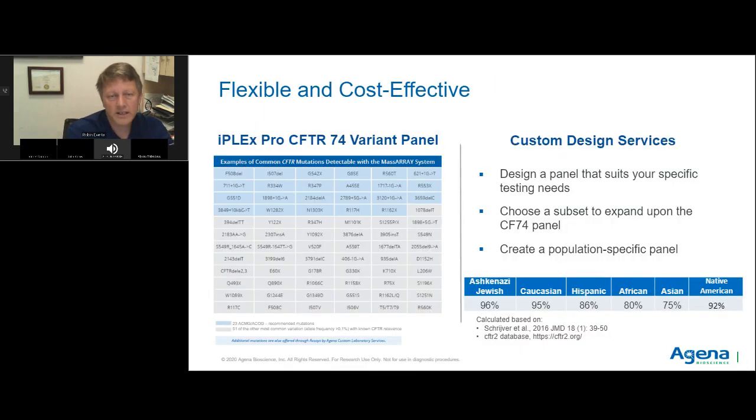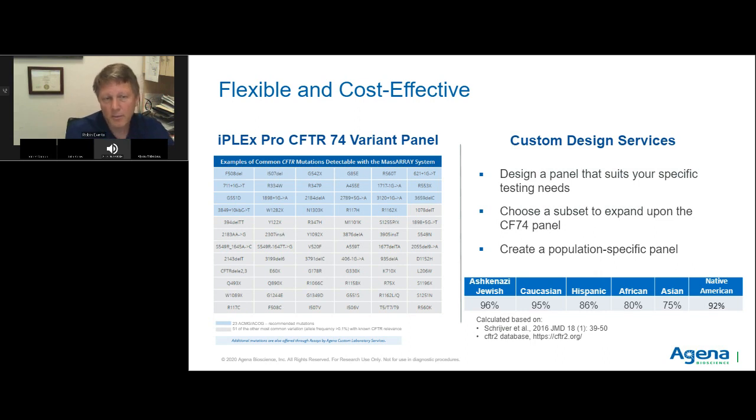So what do we have right now for CF at Agena Bioscience? We have the iPLEX Pro CFTR 74 variant panel that Dr. Dhiman talked about, which has the ACOG23 here in blue, plus another 54 mutations. This panel, based on different literature values and the CFTR2 database, is predicted to cover between 75% and 96% of the mutations in different ethnicities.